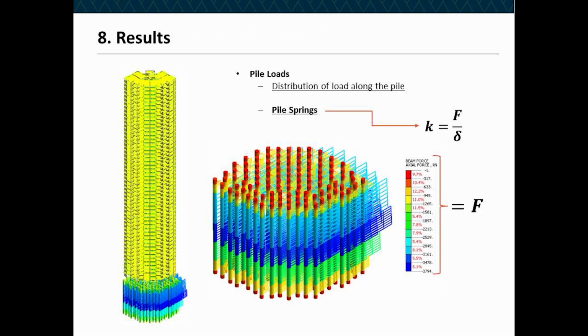In the next slide I'm showing the results of pile loads and the distribution of load along the pile. It's important to note that piles located in different spots along the raft tend to have different loads acting, and this can be evaluated through this analysis, using the values of loads obtained for each pile and dividing by the settlement found for each pile, so we can calculate springs.